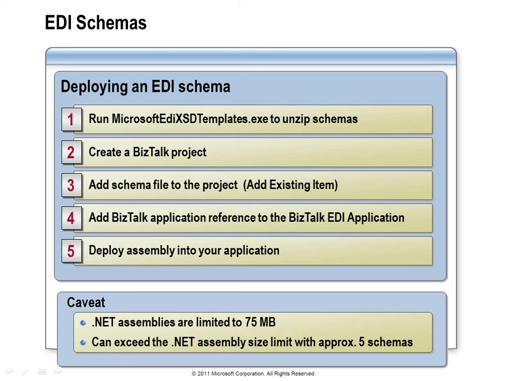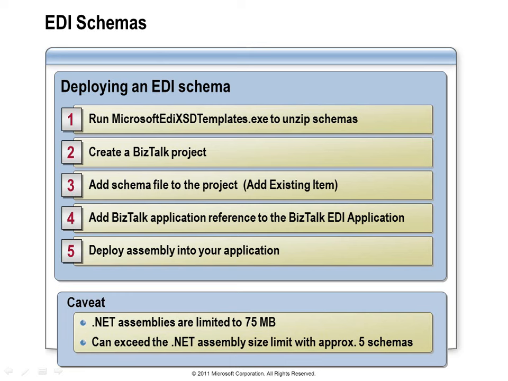And the other key thing is that in addition to deploying your application, you're also going to have to add a BizTalk application reference in the administration console in order to use things like the EDI pipelines and other EDI components. All of those components, the pipelines and any EDI schemas for context properties and things, are found in a special BizTalk application. And so in order to use those in your configuration of your application, you'll have to have that reference to the EDI application.